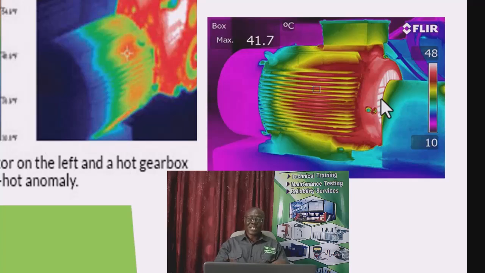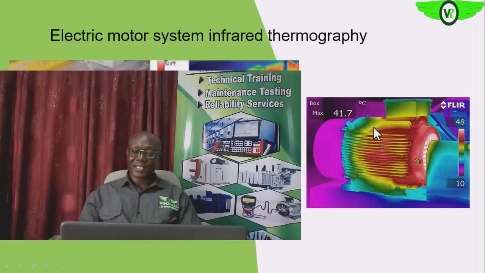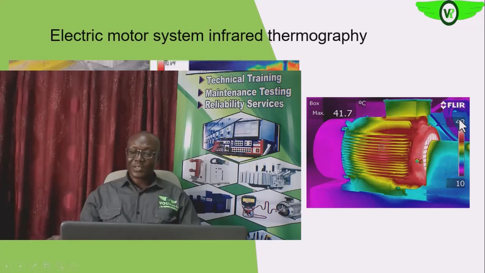So that means that we need to carry out quantitative analysis, which means that we need to do the delta T analysis. Maybe here is what we have as the highest temperature on this thermogram. Say here is about 48 degrees Celsius, and then we have our ambient temperature at say 32.